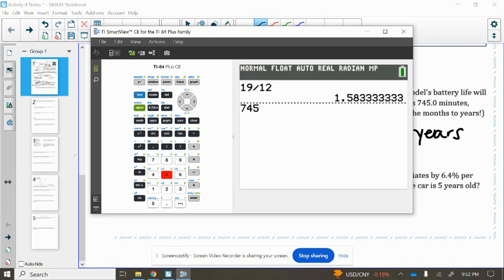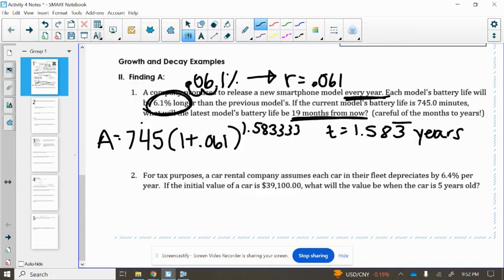So our initial principal value, 1 plus 0.061 to our t power, so 1.583, repeating. Can throw a couple extra on there. And it is going to have about 818.22 minutes of battery life in that time.